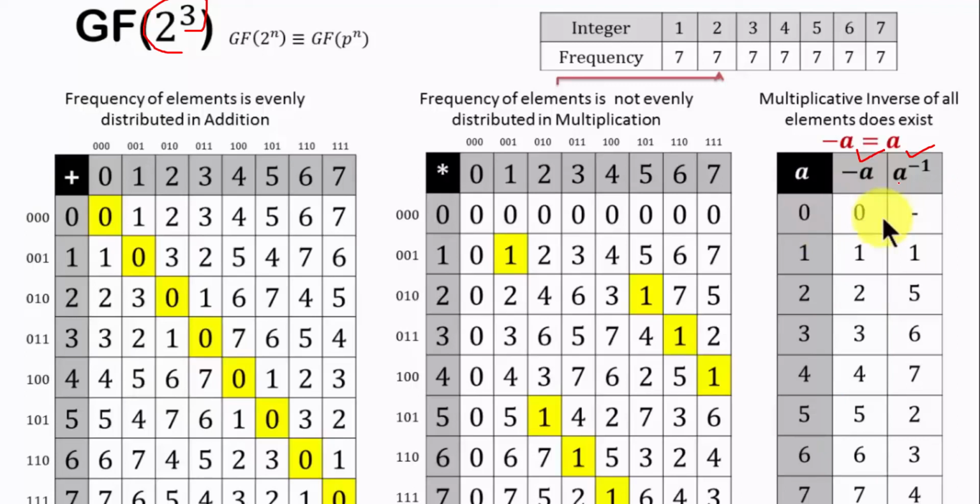And for multiplication, the multiplication inverse of a number is not the number itself. This is not valid for multiplication, it is valid for addition only, and this is clear from this table.